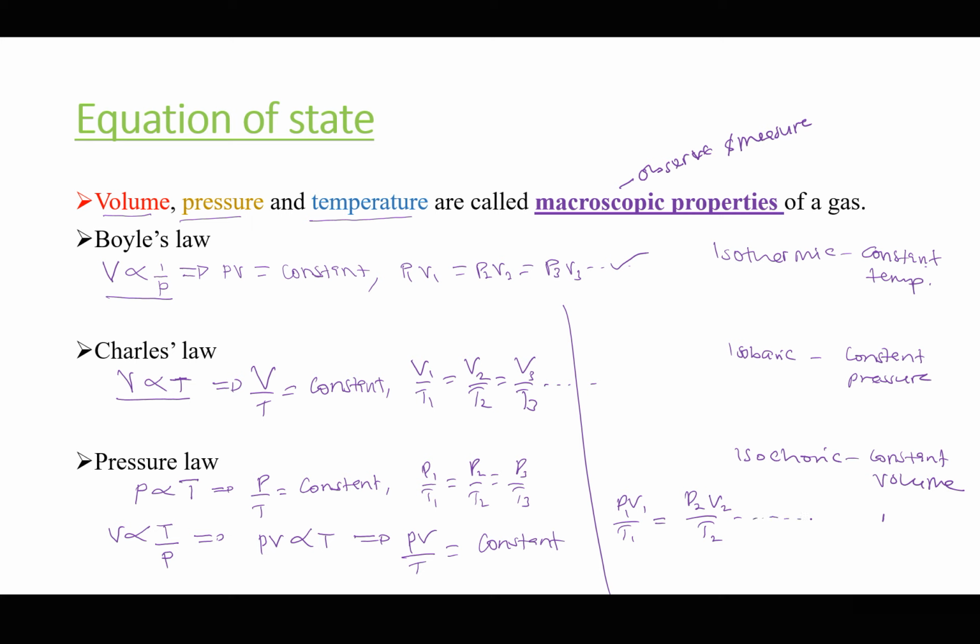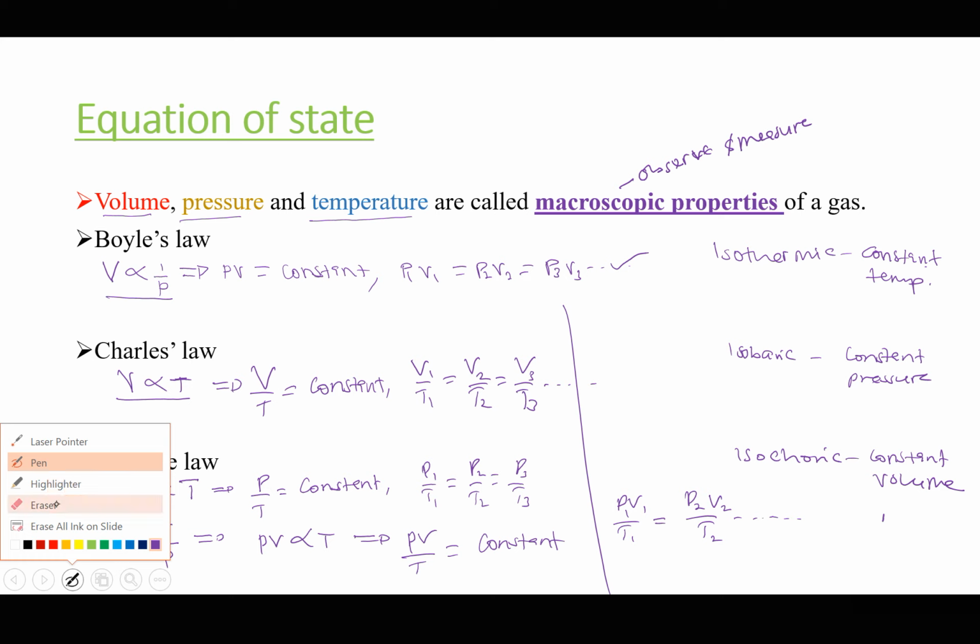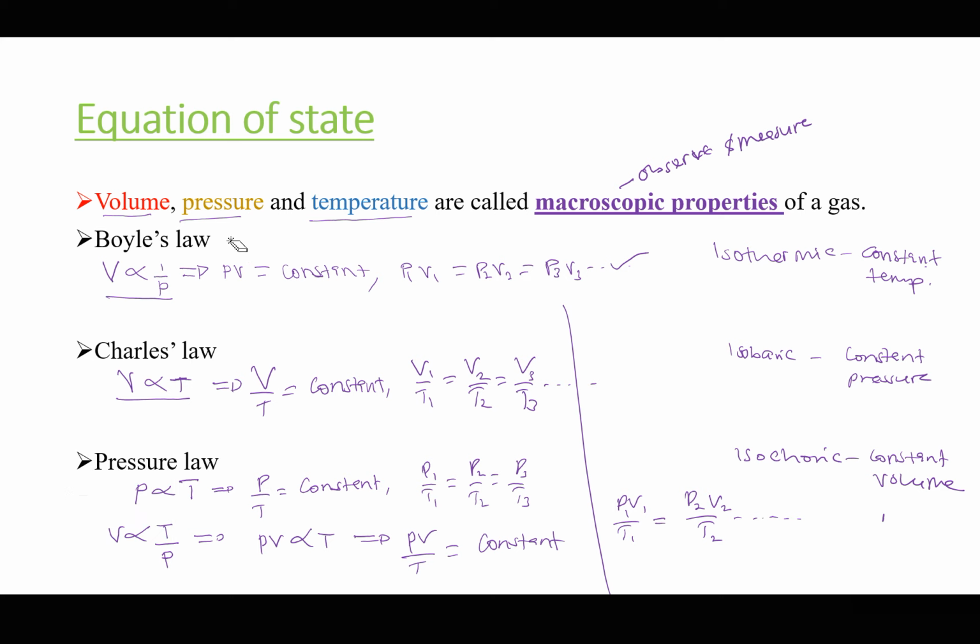So we are therefore saying that PV over T is equal to a constant. This is actually the combination of all these three laws that we have just discussed.